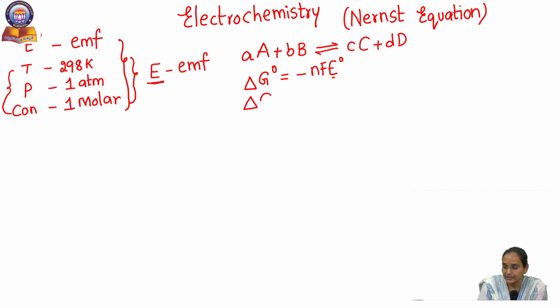Now delta G is the Gibbs free energy at different conditions.